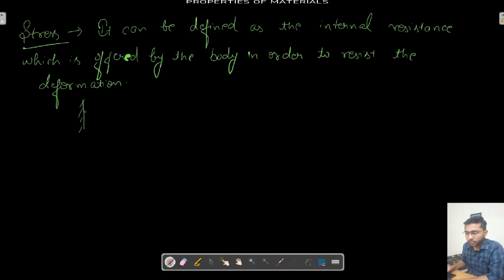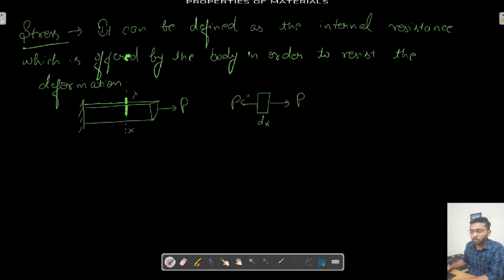So let us try to understand this with a basic diagram. Suppose this is a bar subjected to a load P. So if we try to take the cross section of width dx, what we will observe is that this cross sectional portion dx of this bar is subjected to this external force P. And if we try to explain this stress numerically, it is the force over that area, force by area.